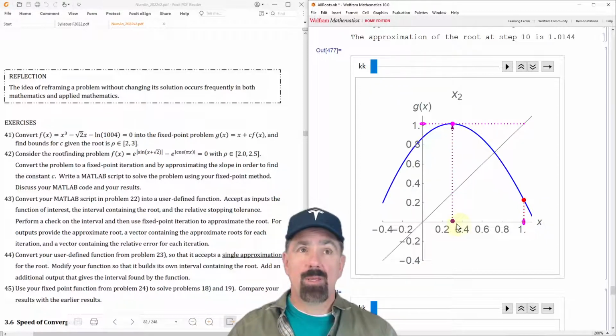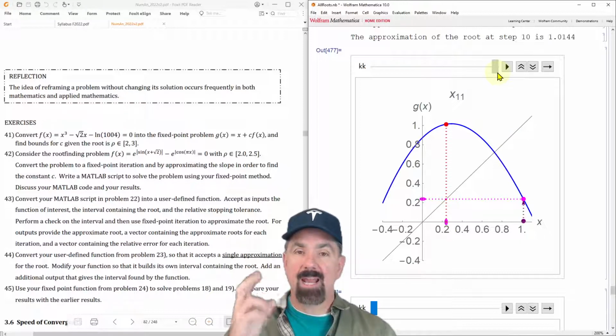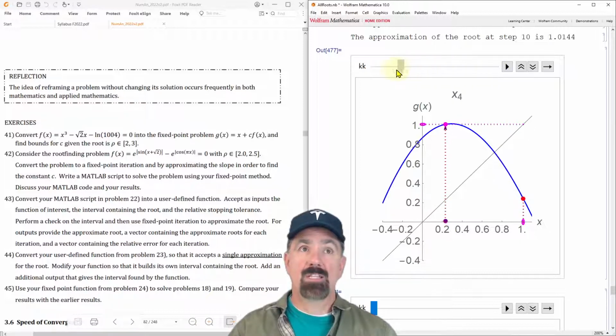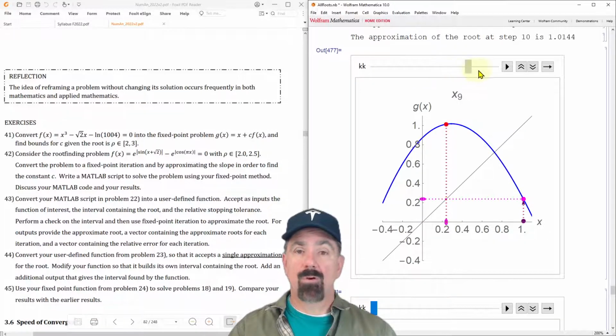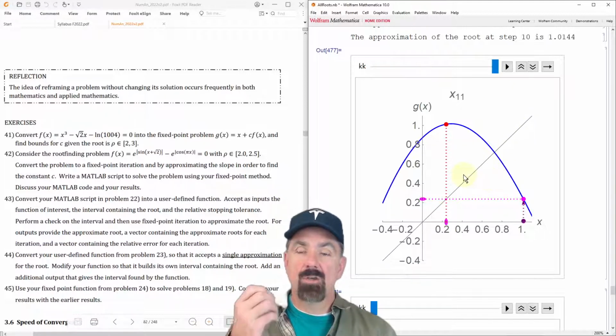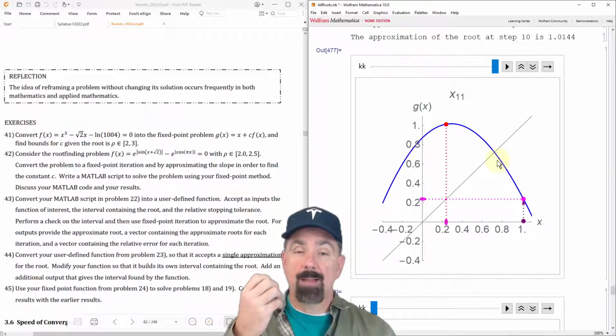As we go from input to output and back to input, we end up in a periodic, what we call orbit in dynamics, but we end up in a periodic situation. We're going to be bouncing back and forth off of this function, and we will never move in towards the fixed point. And that's because we are not following the requirements, the hypotheses for the contraction mapping theorem.